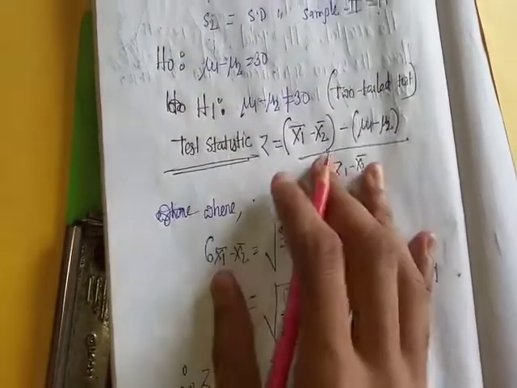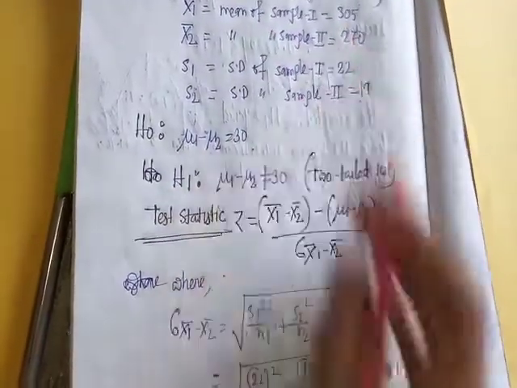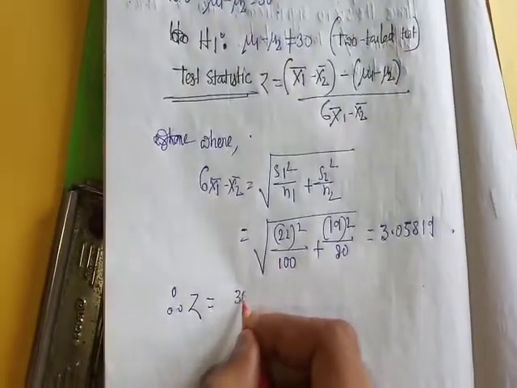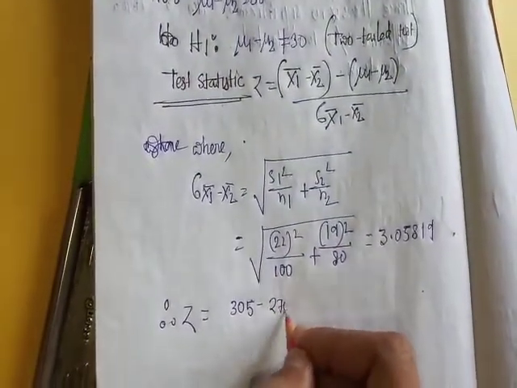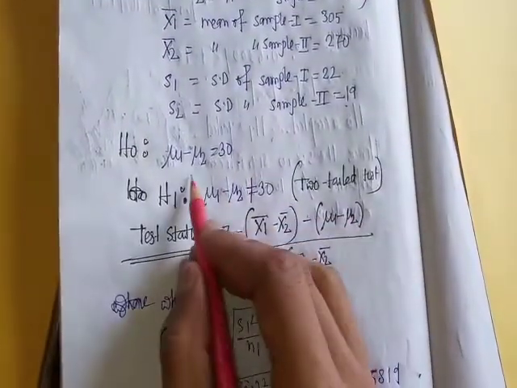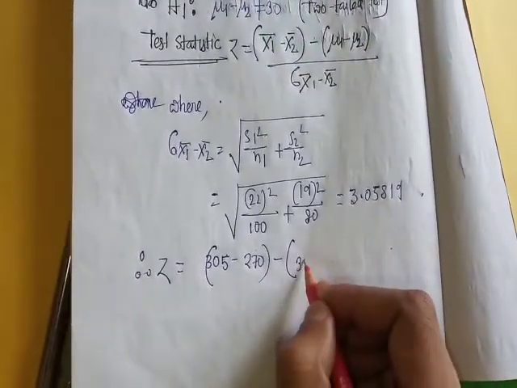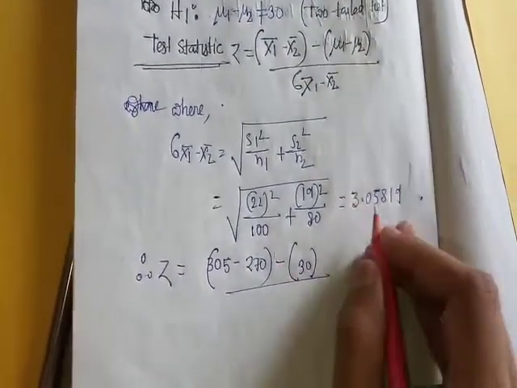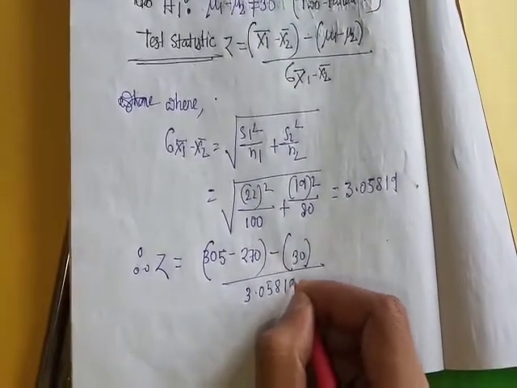Therefore, z equal to x1 bar minus x2 bar minus mu1 minus mu2, by 3.05819. x1 bar is 305, minus x2 bar 270, minus mu1 minus mu2, which is 30, by 3.05819.